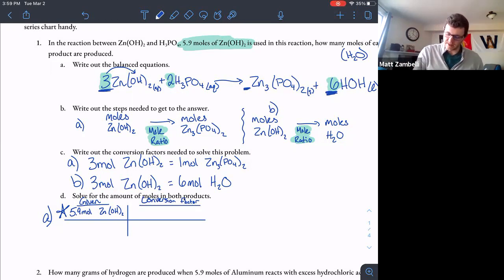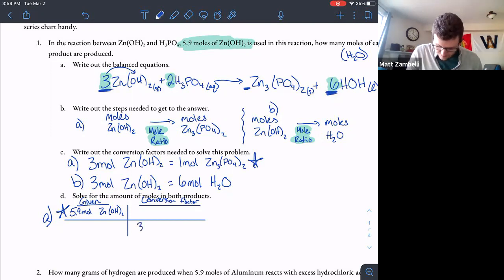All right, so we're using this one for problem A. We have 3 moles of zinc hydroxide to 1 mole of zinc phosphate. Do I put the 3 moles of zinc hydroxide on the top or the bottom of my next column? On the bottom, perfect.